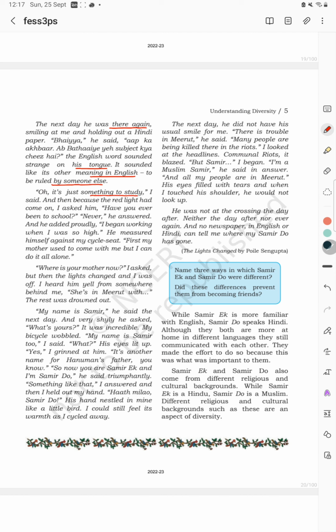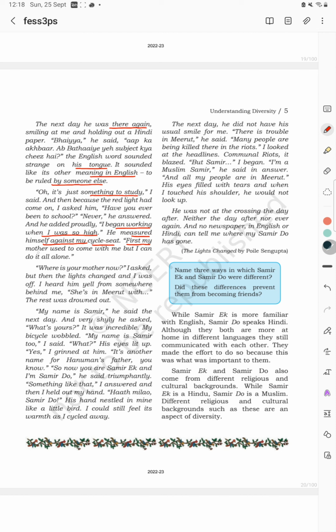And then, because the red light had come on, I asked him, "Have you ever been to school?" "Never," he answered. And he added proudly, "I began working when I was so high." He measured himself against my cycle seat.